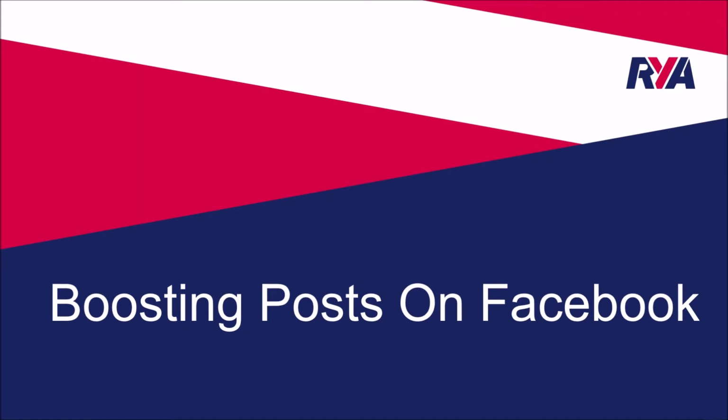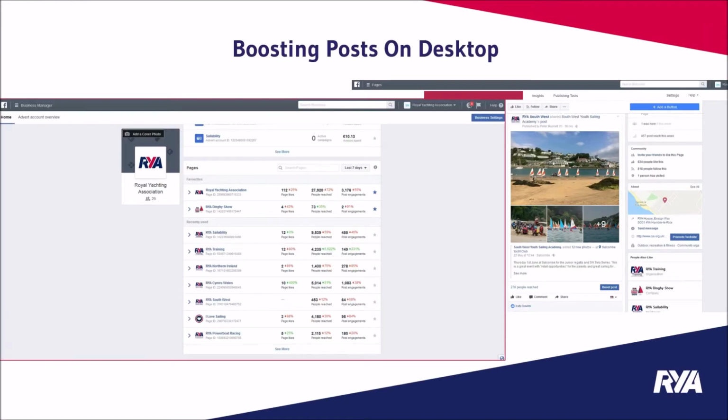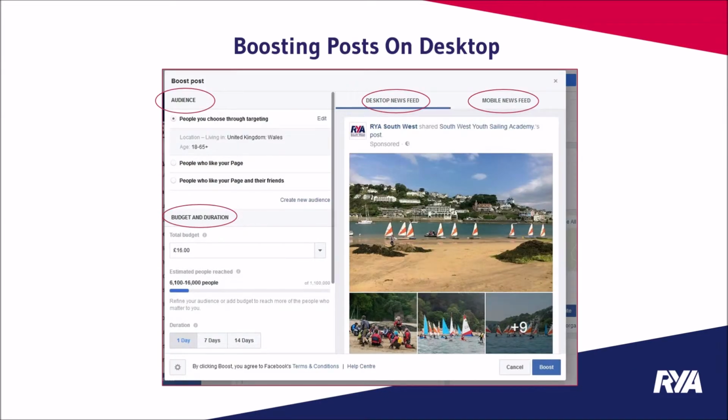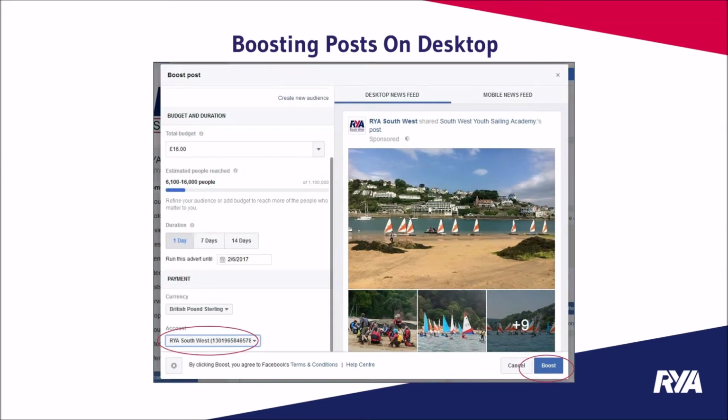So what about boosting posts on Facebook? Well, there are a number of options you can do for this. The first would be to use something like Business Manager and be able to do it from there. But actually within your page itself, you can literally just find the post you want, click on Boost Post, look at your audience, decide what budget and duration for the boosting post you want it to go out for, check whether it looks okay on desktop and mobile, and then set your financial information and simply boost it.